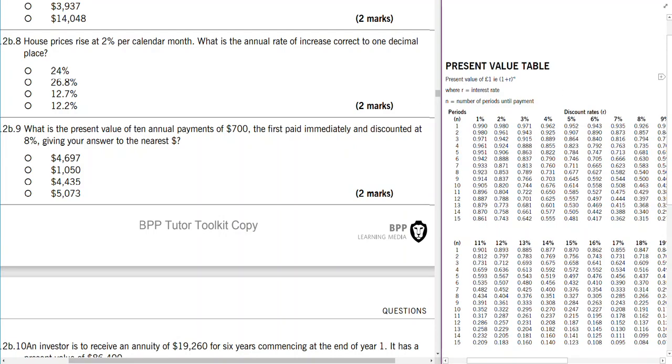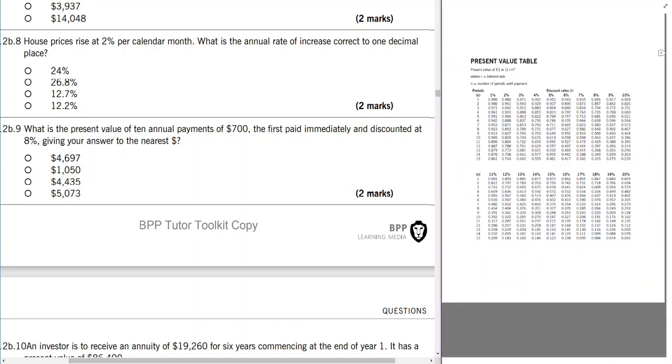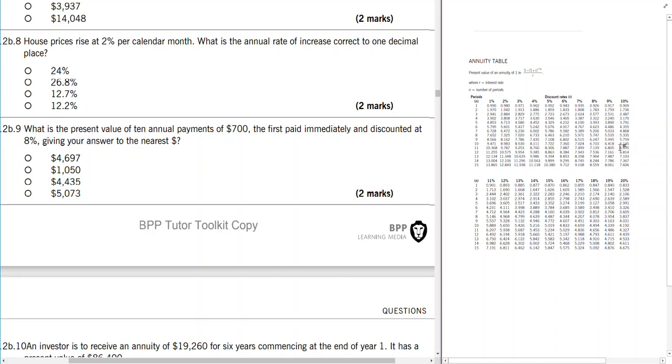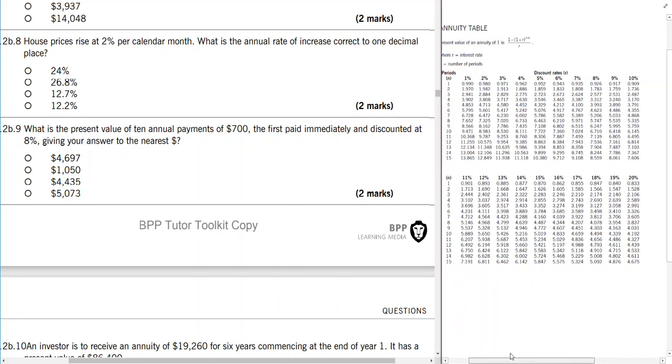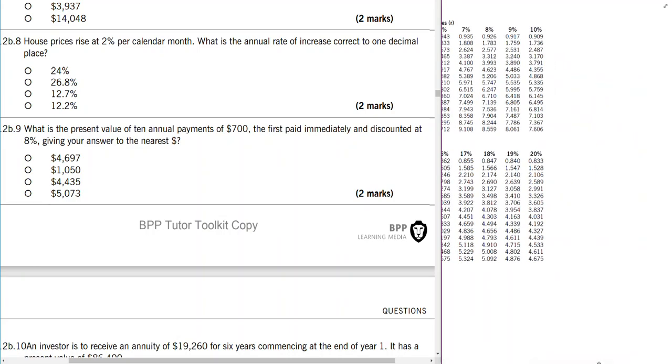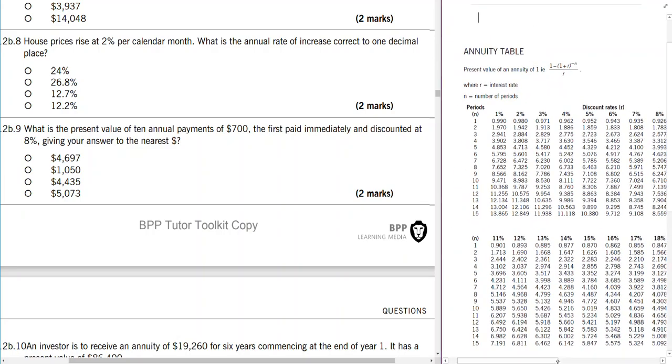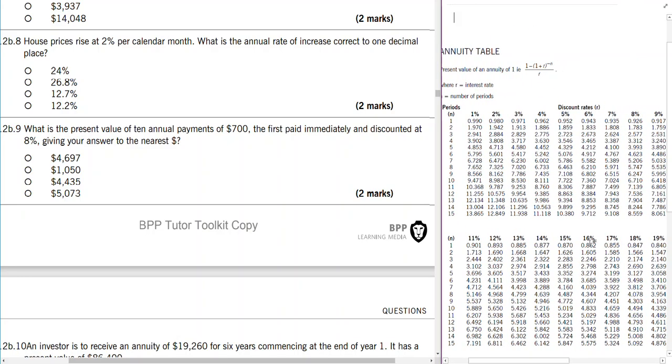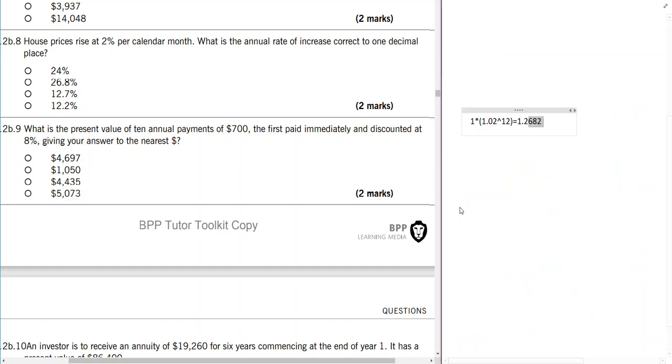So I will go to annuity table and check 8% and at 9 year. So we have a 9 year, this is 10 year, this is 9 year. So we have about 6.247.